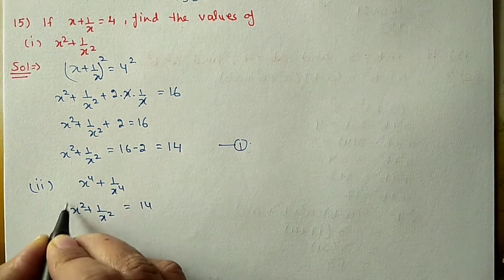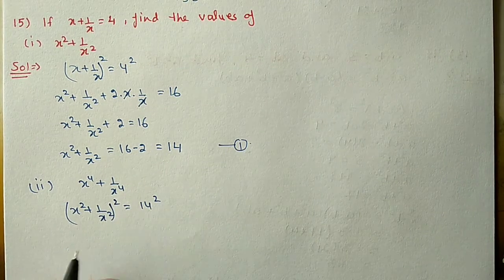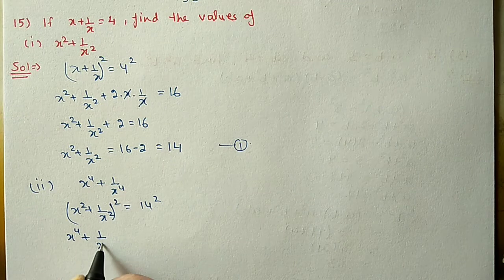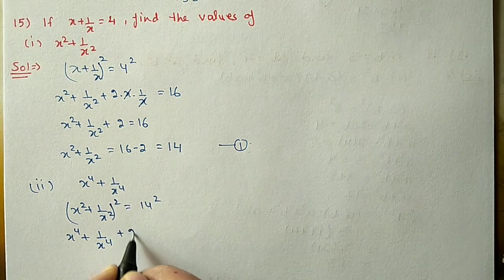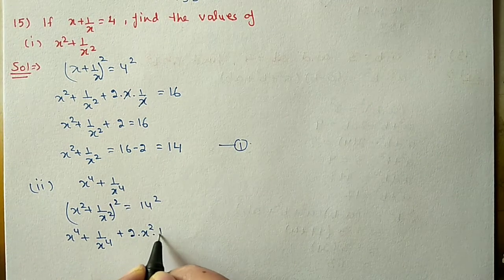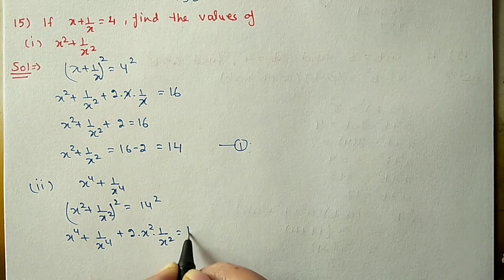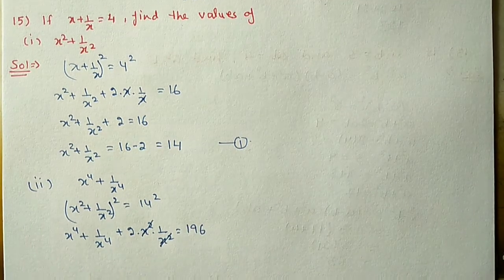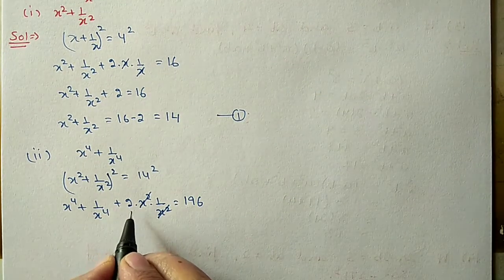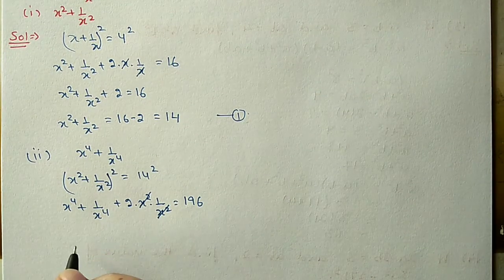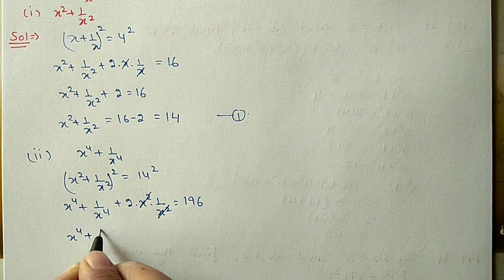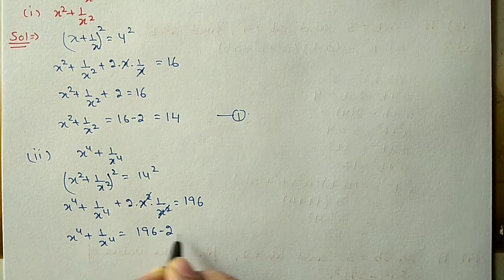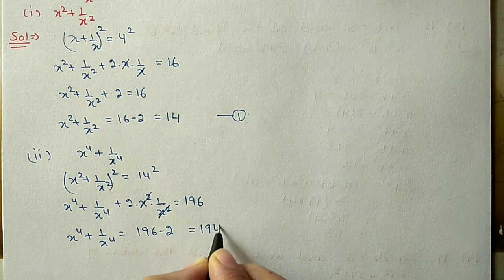We will do squaring both the sides, and we will get here x to the power 4 plus 1 by x to the power 4 plus 2 into x square into 1 by x square equal to 196. Again this thing will cancel out, only 2 will be left over, and this 2 when we shift to the other side it will go for subtraction. So 196 minus 2 we will get 194.